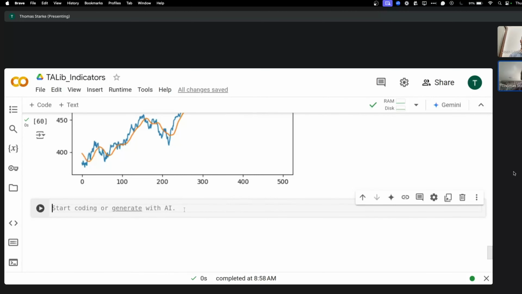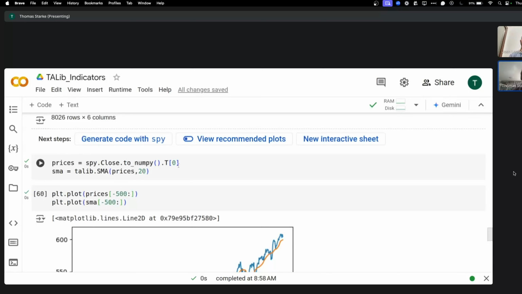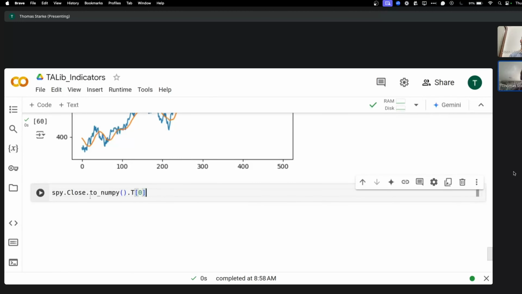The way to do this is to basically, for example, use the pct_change function in pandas. So before we actually transpose it to NumPy, we just do .pct_change. Okay. So, and then we can call this a return.